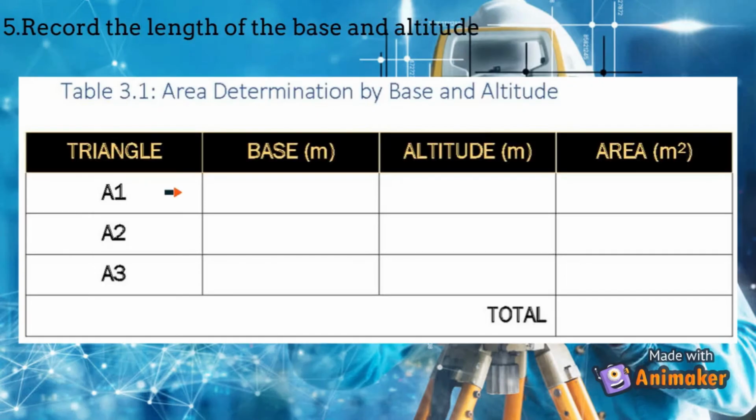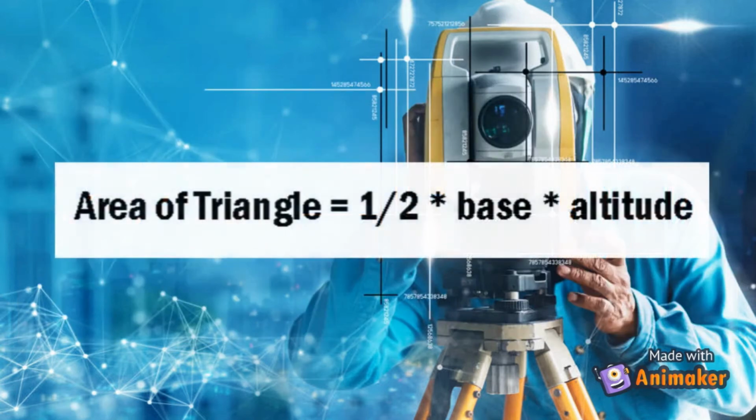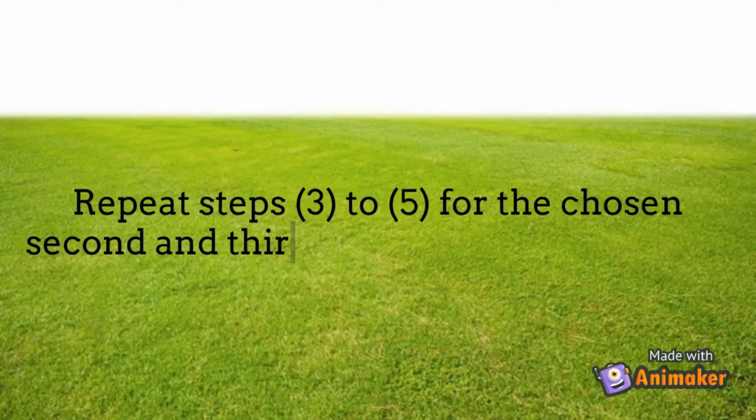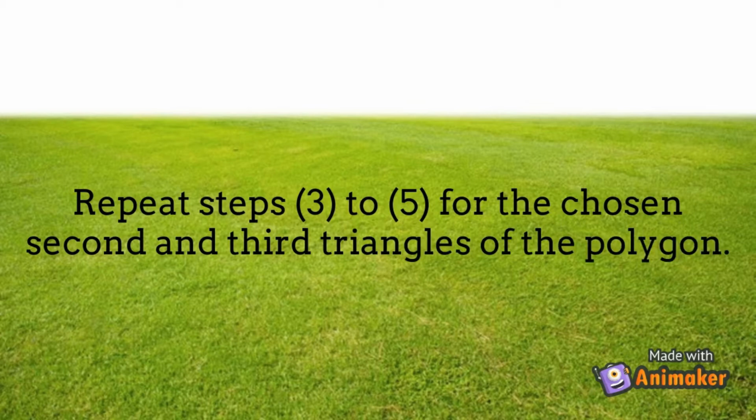Record the length of the base and altitude on table 3.1, area determination by base and altitude. To get the area of the triangle, divide the product of the base and altitude by 2. Repeat steps 3 to 5 for the chosen second and third triangles of the polygon.